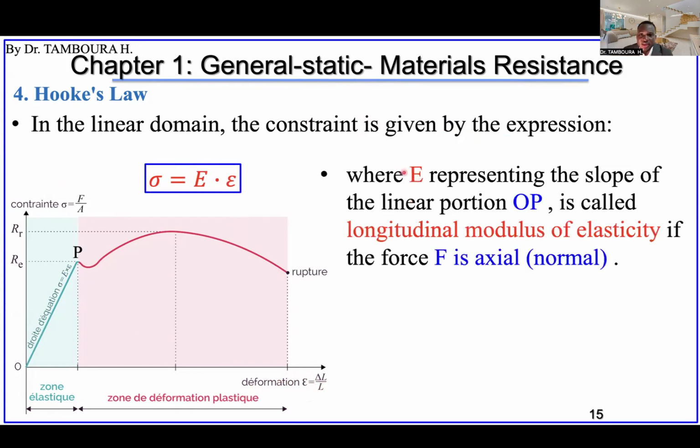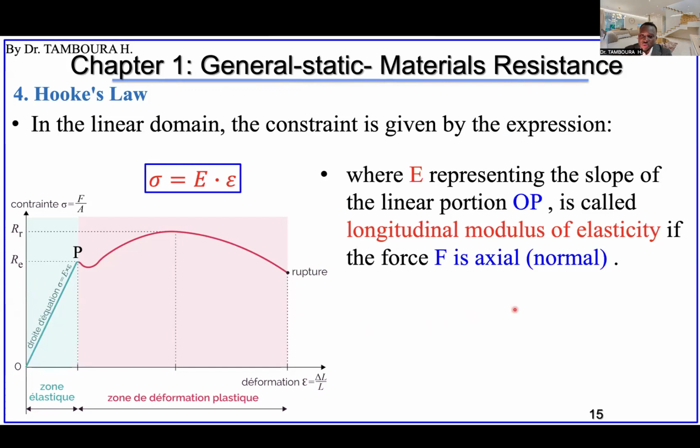Here the E represents the slope of this linear portion, OP. The slope. Slope means delta Y divided by delta X. You know that, right? So the slope is, for example, this distance divided by this distance, okay?